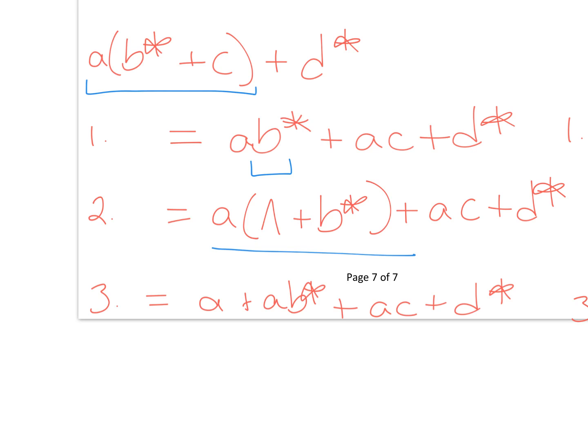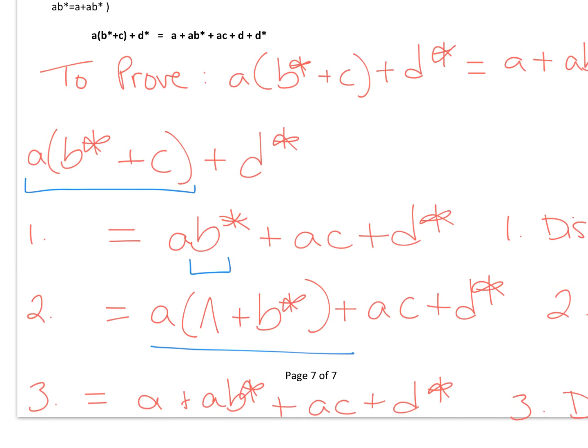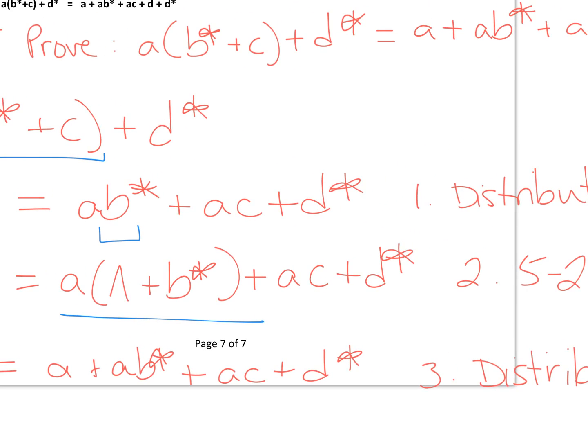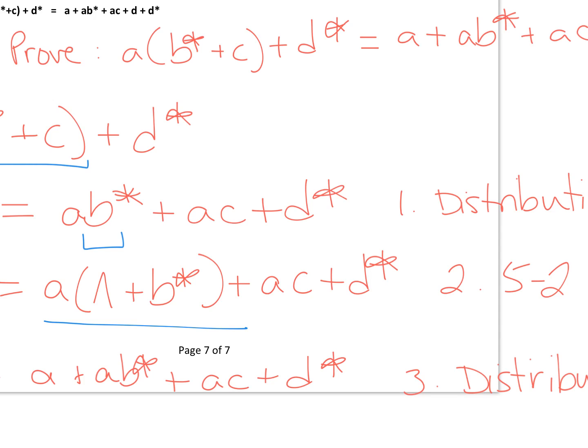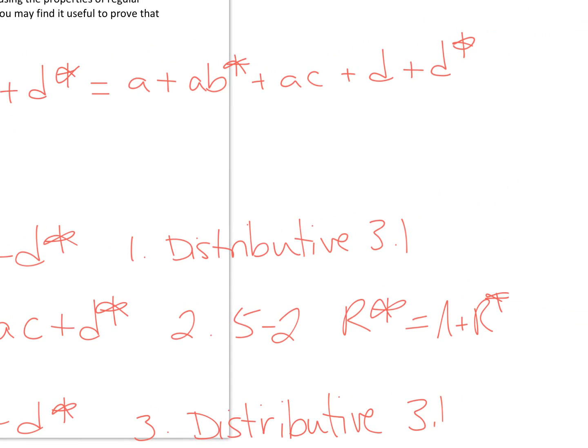So if we compare what we've got with where we're trying to get to, we are almost there. We have the A plus AB star plus AC, right? A plus AB star plus AC. And the only difference is at the end of ours we have D star, and at the end of where we're trying to get to, we have D plus D star, right?